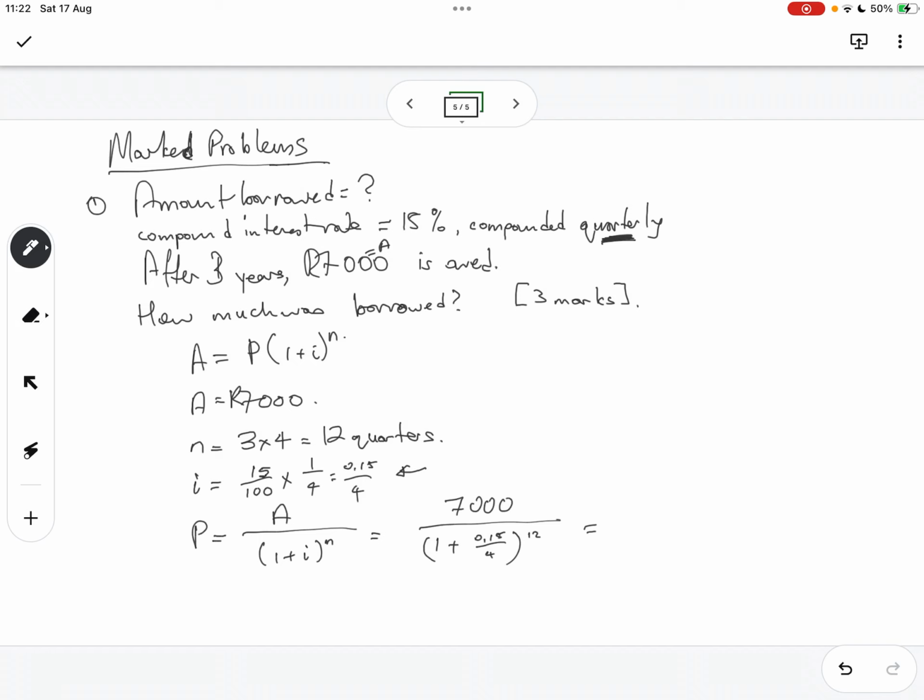So what this will be is 0.15 divided by 4 plus 1, to the power 12. Then we invert it and we multiply it by 7,000. And that gives us 4,529 cents. This one looks like the first example that we tried.